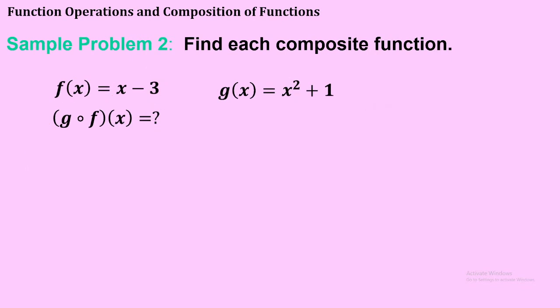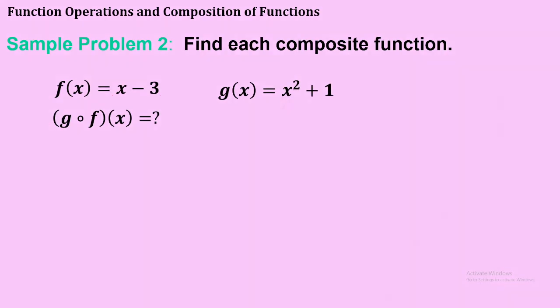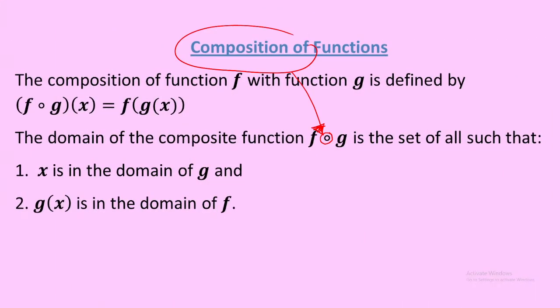Let's have more examples. Okay, this one. So I have here G first, then F next. So meaning F is substituted by G. Let me go back to our previous example to make it clearer.